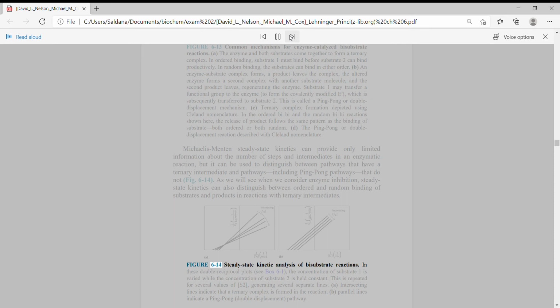Figure 6-14 Steady-state kinetic analysis of bisubstrate reactions. In these double-reciprocal plots, see Box 6-1, the concentration of substrate 1 is varied while the concentration of substrate 2 is held constant. This is repeated for several values of [S2].